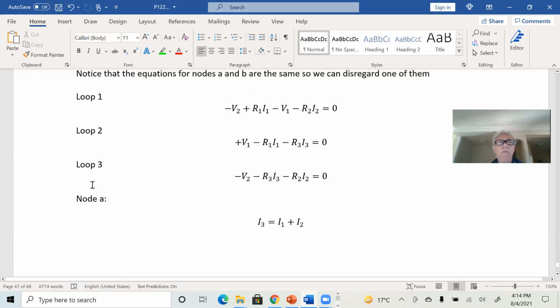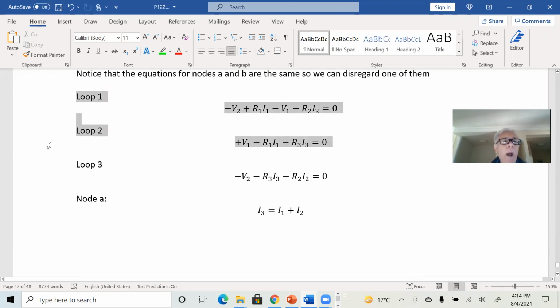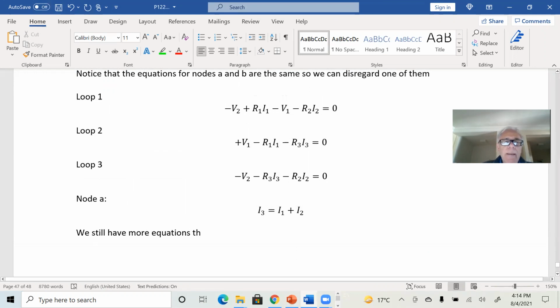And now we have 4 equations for 3 unknowns, I1, I2, I3. So what's happening here? One of those 3 loop equations here must be dependent on the other 2. We still have more equations than we need.